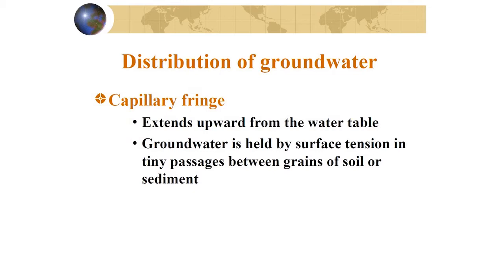It is called the capillary fringe because it extends upward from the water table. It receives water from the water table, and the water moves up by capillary action. Groundwater is held by surface tension in tiny passages between grains of soil or sediment, and that water is drawn up by capillary action.